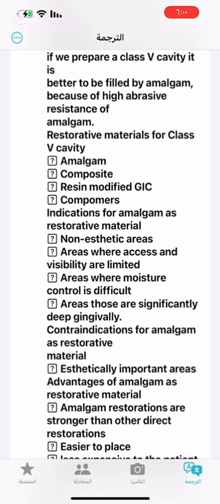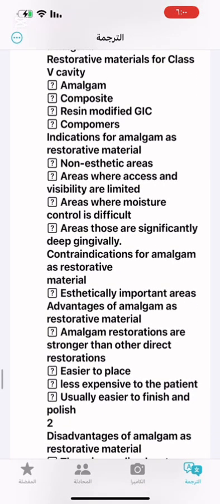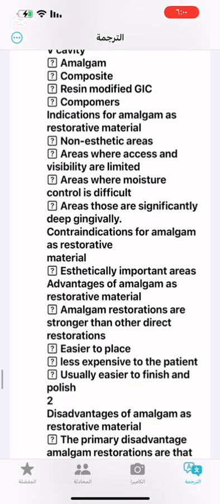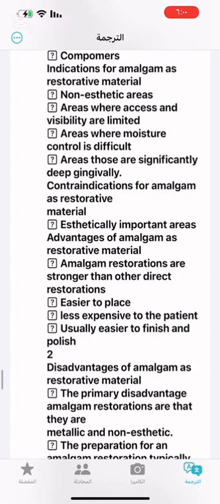Indications for amalgam as restorative material: non-aesthetic areas, areas where access and visibility are limited, areas where moisture control is difficult, areas that are significantly deep gingivally.